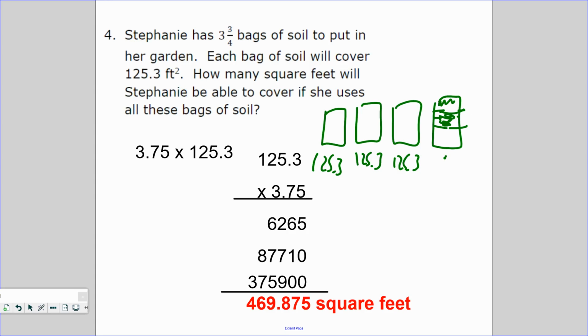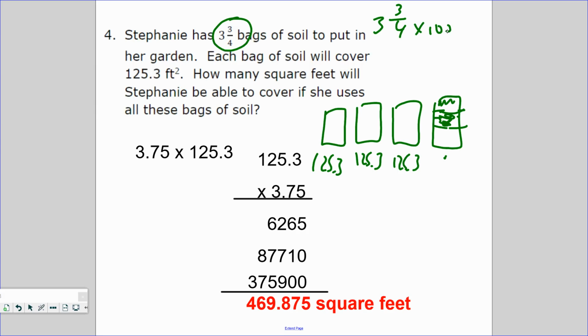So if I want to know how much it will cover, it's repeated addition, which is just multiplication. So do you know another way to say 3 3/4?